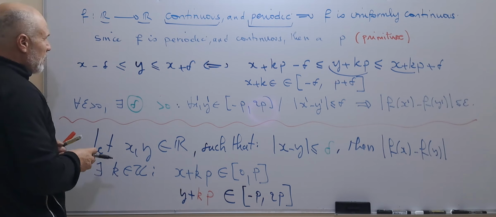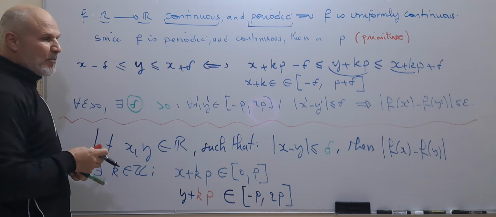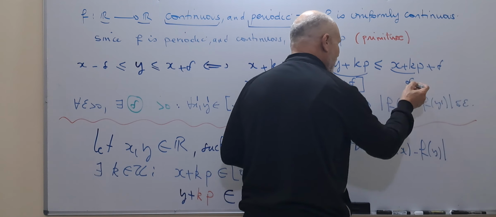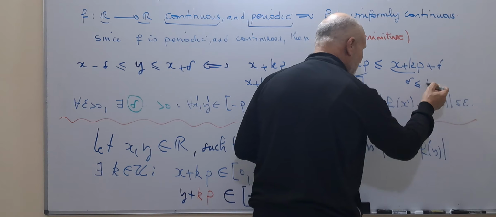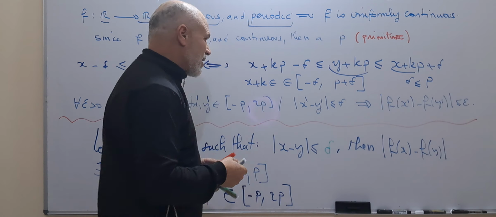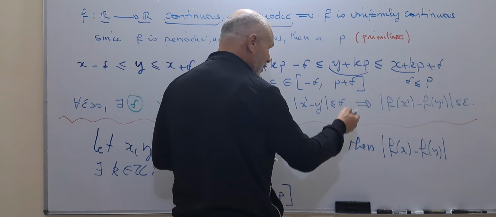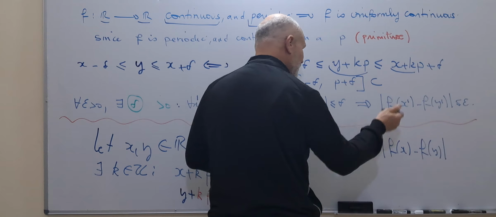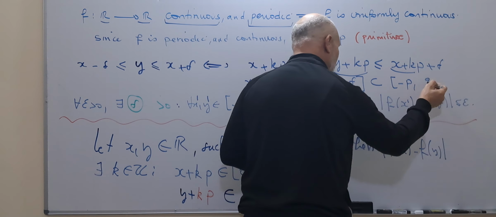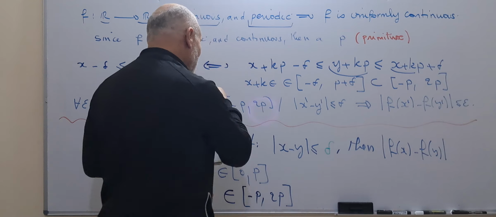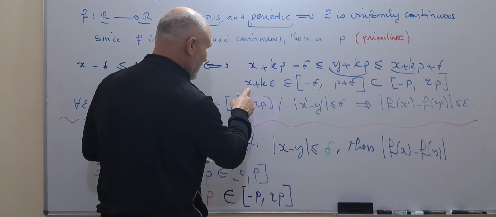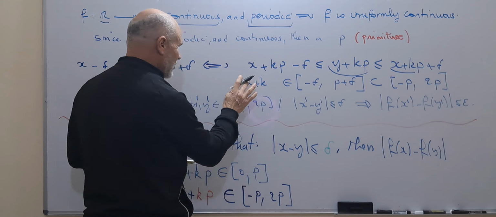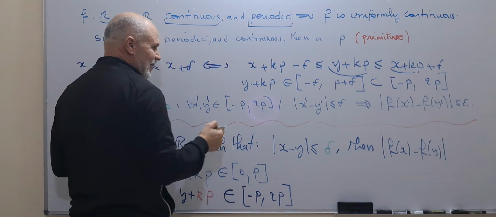But since our function is a periodic function, without loss of generality, we can always take delta less than or equal to p, or strictly less than p. In this case, this will be included in minus p to p. So once again, sorry, I mean y plus kp.